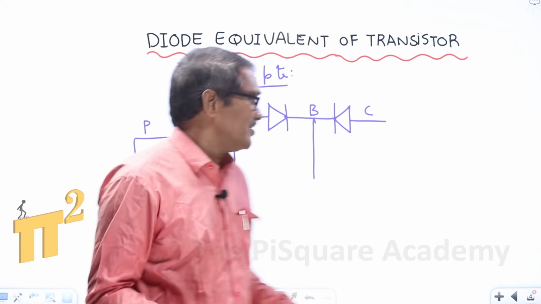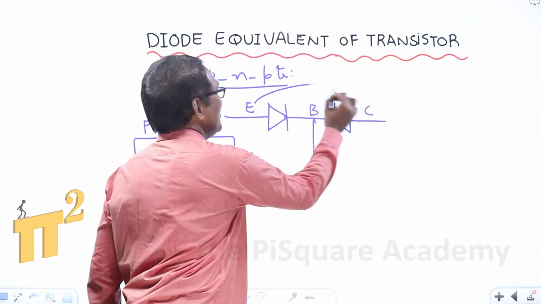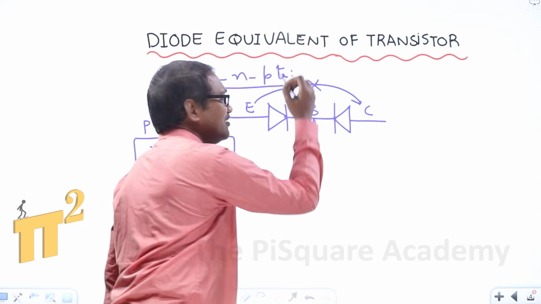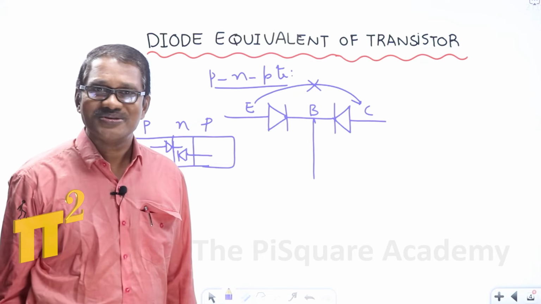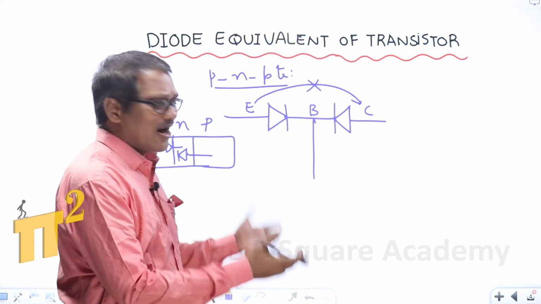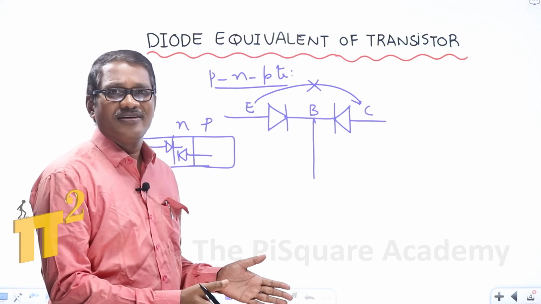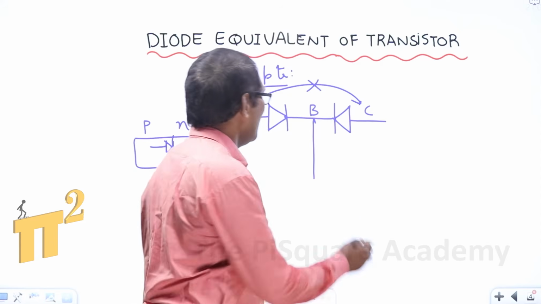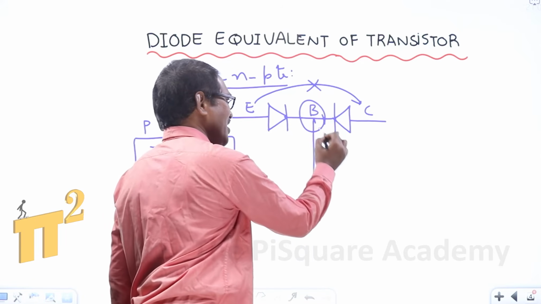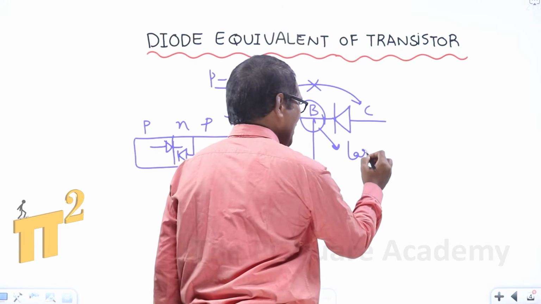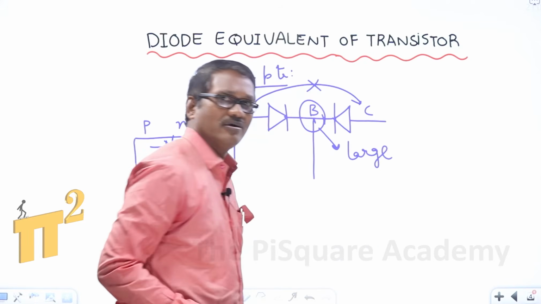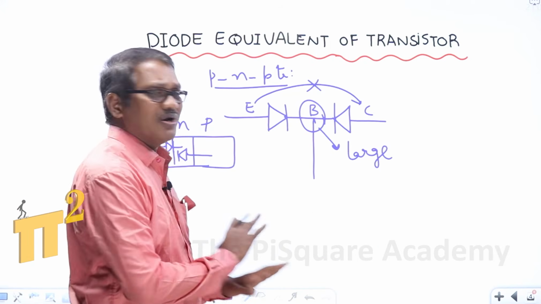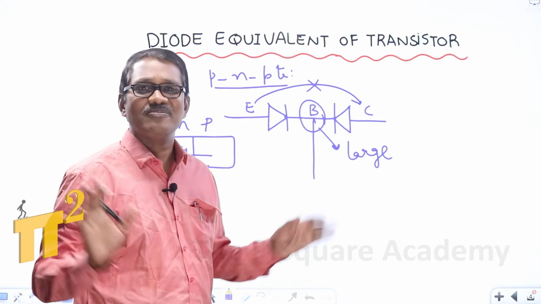The reason is there is no bonding force between the emitter and the collector. Even if a bonding force is created externally, a large base will appear between the emitter and the collector, and hence the transistor will never function as an amplifier.